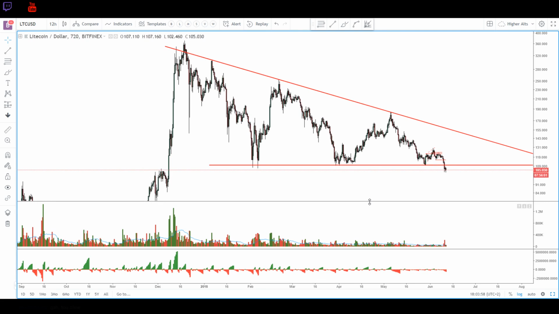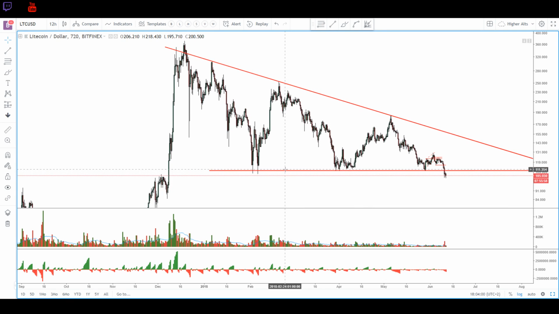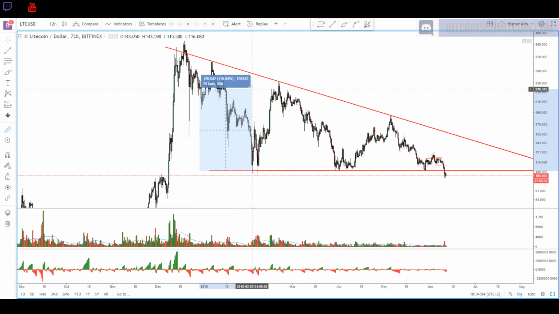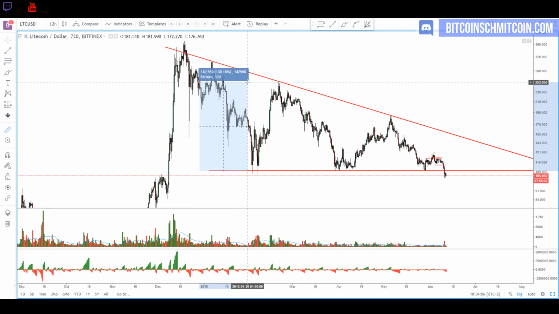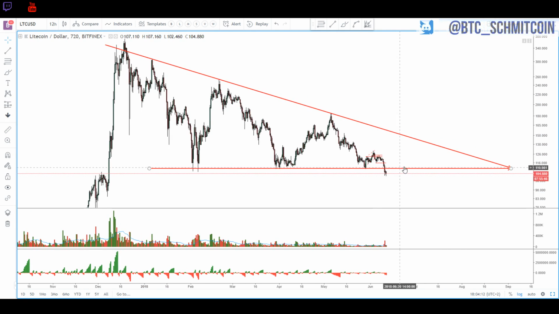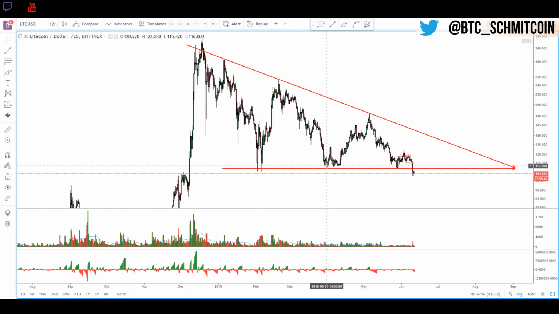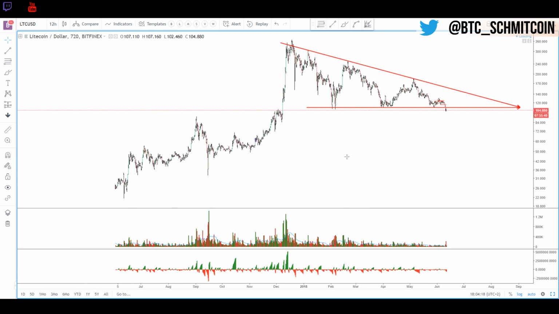The crazy thing is, it has a stupid low price target. If it plays out to its measured move, which is 142 bucks, well, what's 142 minus 100? That's a negative number. So I don't really know what to make of this current chart.